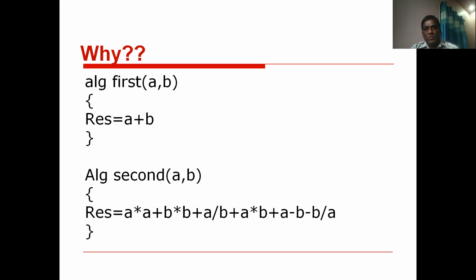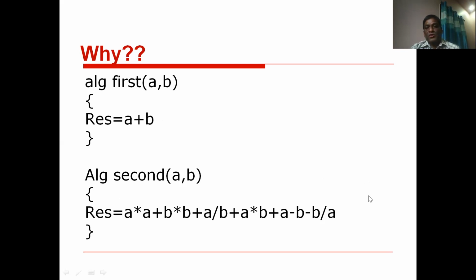So whenever we talk about time complexities, we should not mention exact measures. There should be some approximation measure available for representing the time complexities, because this requires very little CPU time for execution, whereas this requires very high time compared to this, because it involves a number of basic operations: a into a, b into b, a by b, a into b, a minus b, b by a, and then adding all these sub operations.